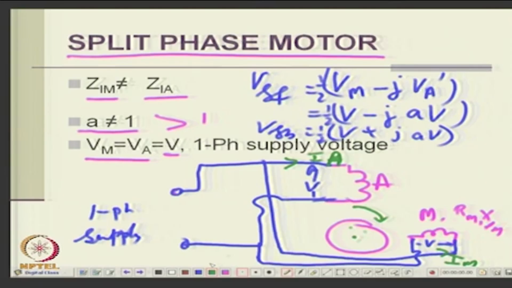So, you have the necessary tools, so long as you know the parameters of the machine, the number of turns. You need to know everything. Then you can find out the current drawn by the mains, which will be the sum of the two, Im plus Ia.